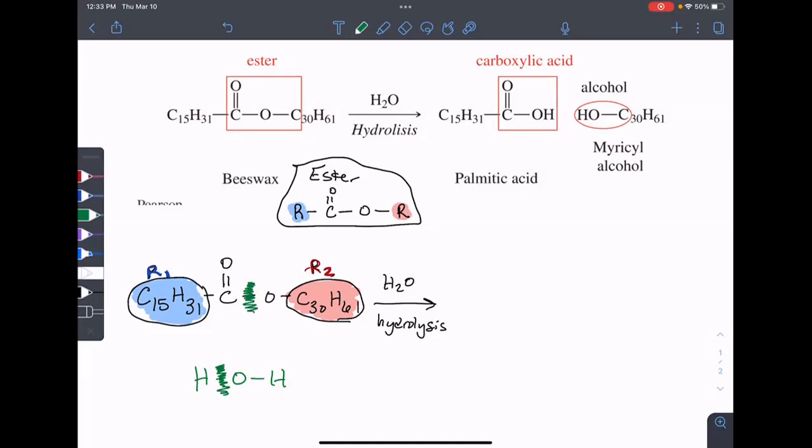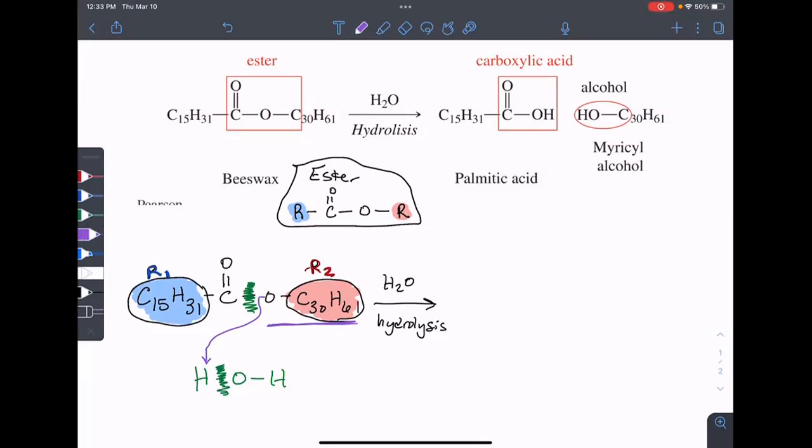Doesn't matter which one you pick. Now, whichever side of the ester that you gave the oxygen, that side is going to pick up just the hydrogen. So this side of the molecule right here is going to pick up, it's going to bond from the oxygen, just the hydrogen.